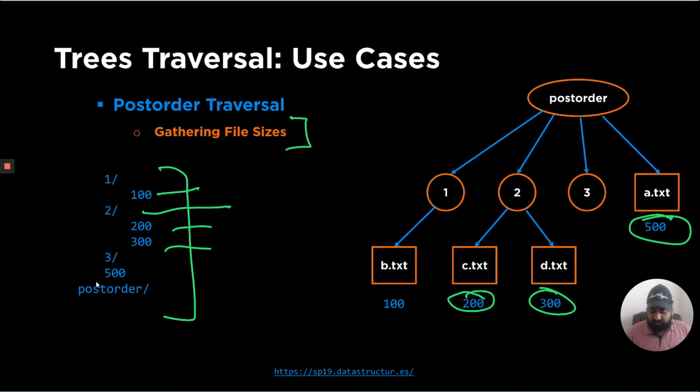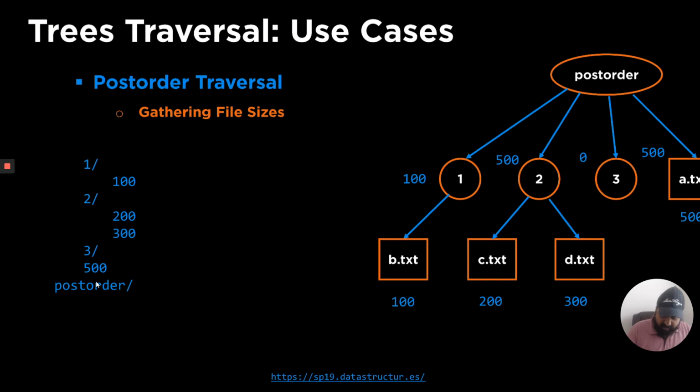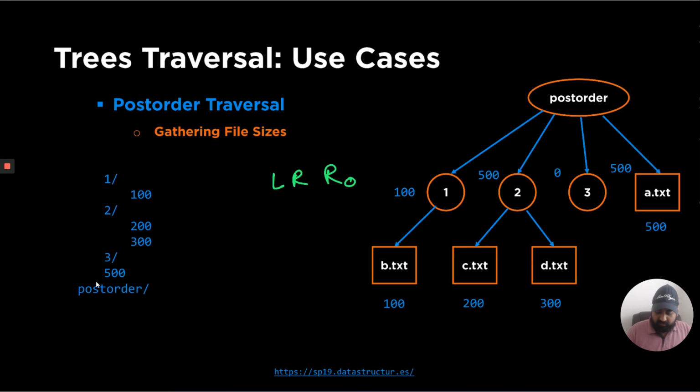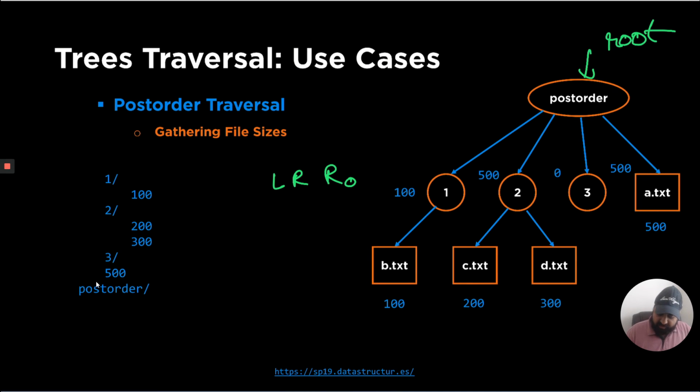So if you wanted to print these file sizes in these recursive folders, you can use a post-order traversal, because typically post-order works as left, right, and root. When we start with this as the root element, it first goes to the left, and next goes to the left again.